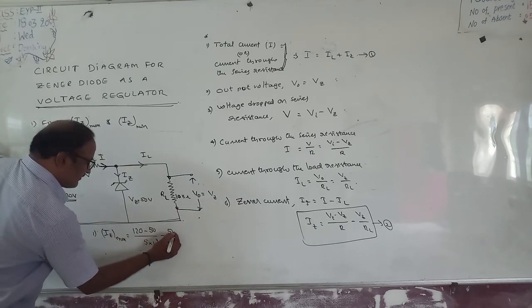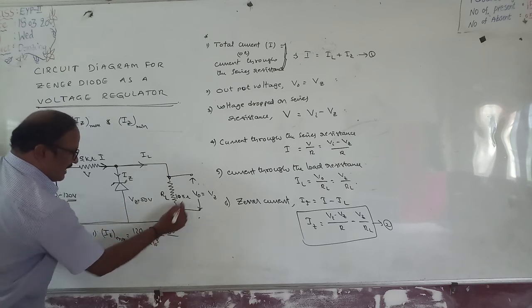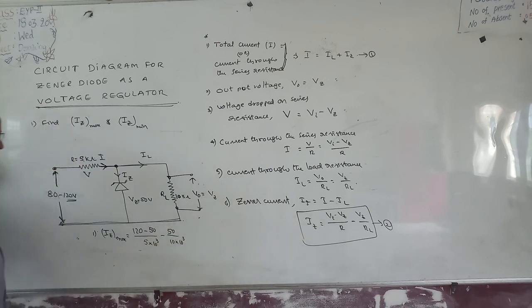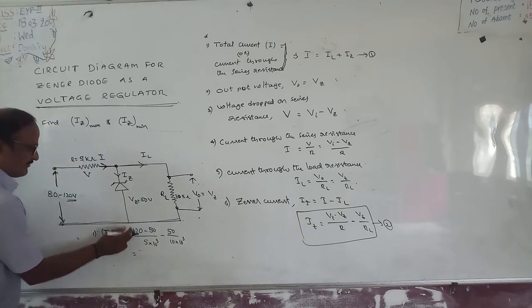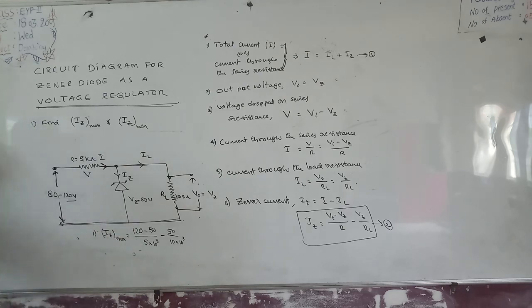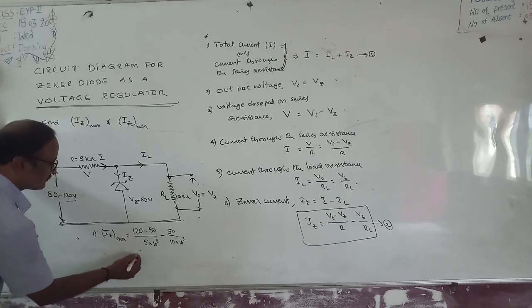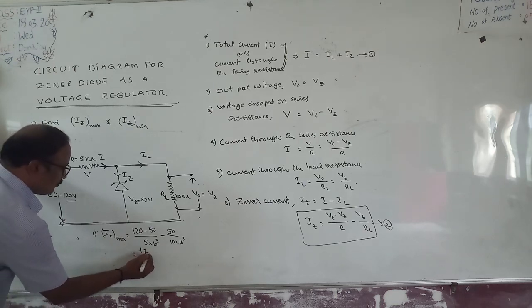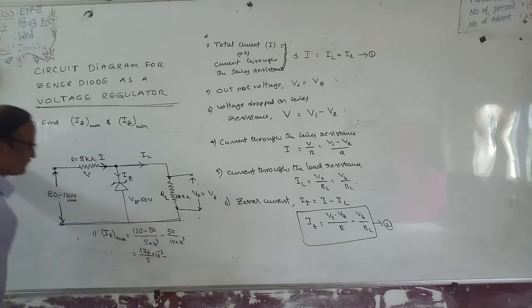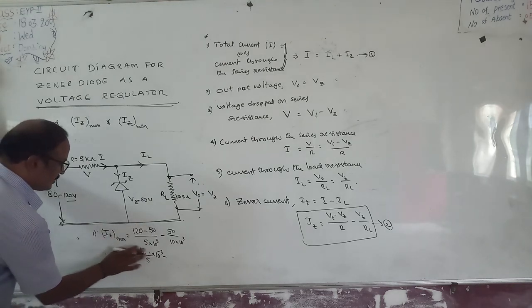Vz is 50 because the output is equal to 50, by RL equal to 10 into 10 cube. 120 minus 50 is 70.